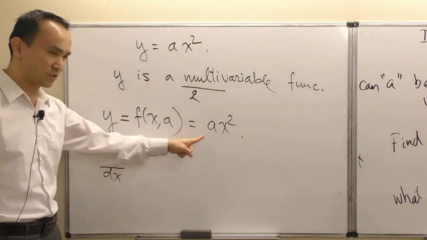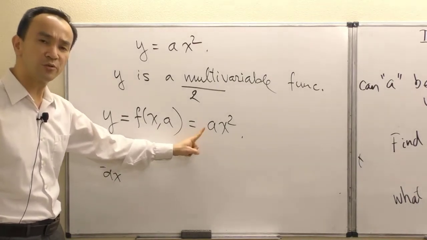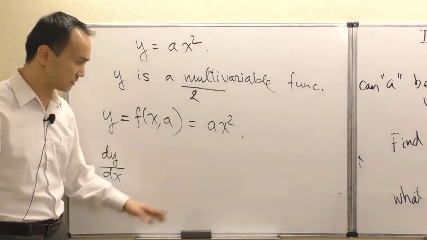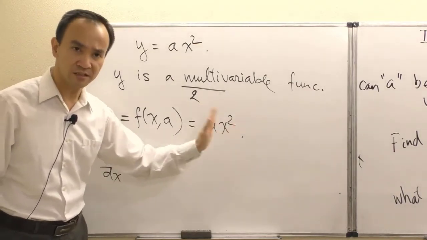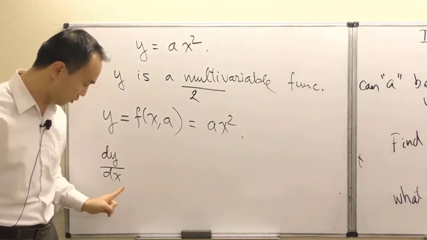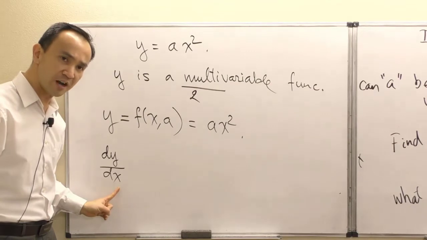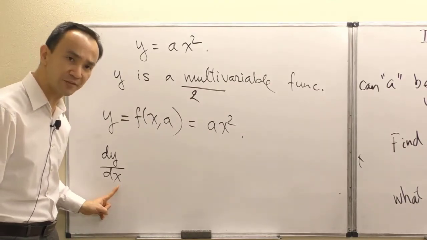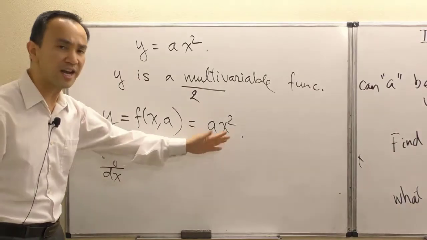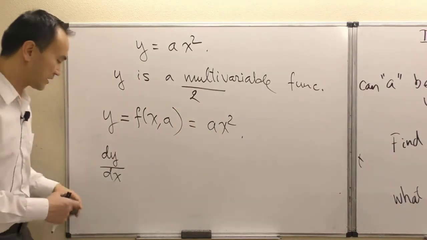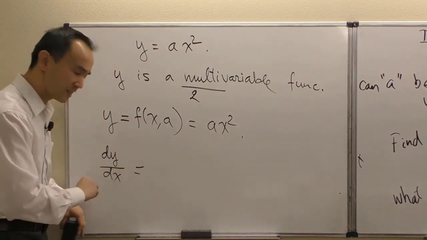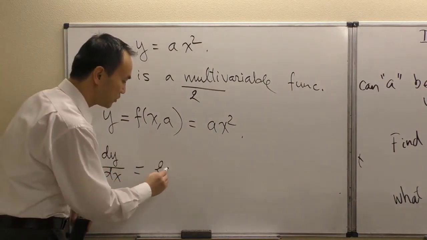That means we're treating this a here as the coefficient, just like any other expressions aside from the x variable, because we turn our main focus to target x as the variable. If that's the case, we're treating a or anything else as the coefficient. So in that case, we found the dy dx here being 2ax.